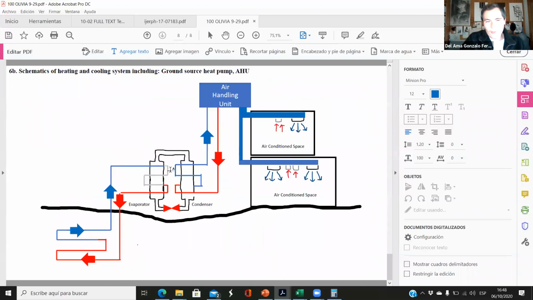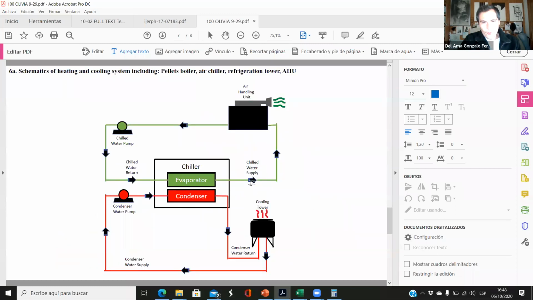When you're using a ground source heat pump, this can provide heat and cold, so we don't need to duplicate the devices. So we can use the ground source heat pump in winter and summer. But in this one, this is for cooling, but you don't have the device for heating up the air here. So you need, I think it was written that you have to use a pellets boiler.